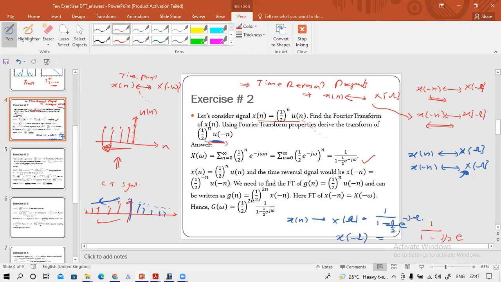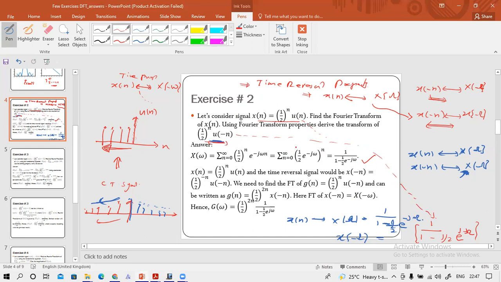So if you put the minus sign here, minus omega, that means minus minus, you will get plus. So you have plus j omega. So this is the time reversal Fourier transform. That is the Fourier transform of this time reversal signal.